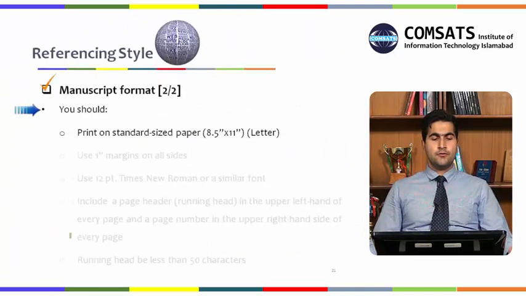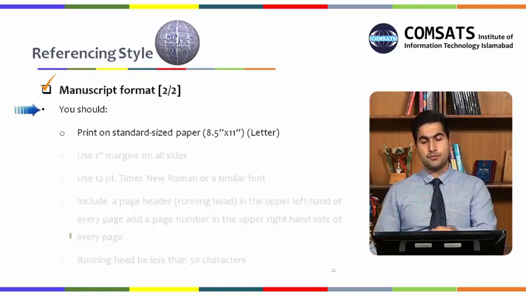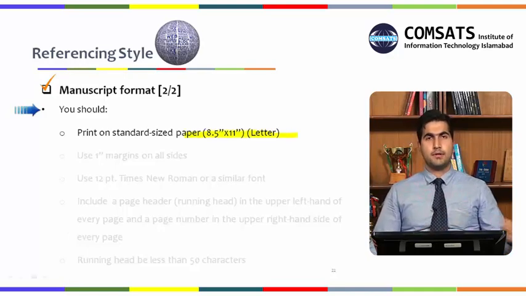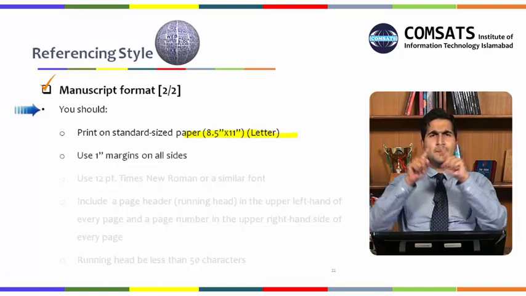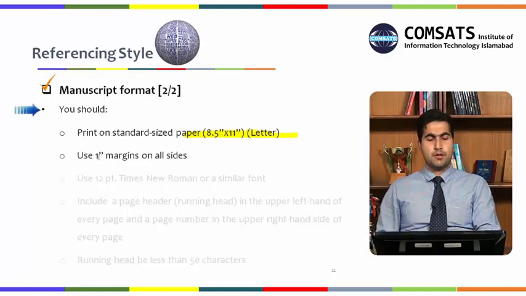Then, when using paper for a hardbound copy, the ideal size is the letter format, which is 8.5 by 11. This is the standard size of paper which should be used in APA referencing style. Then all the page margins should be 1 inch.